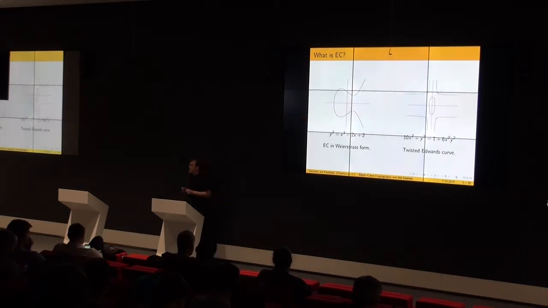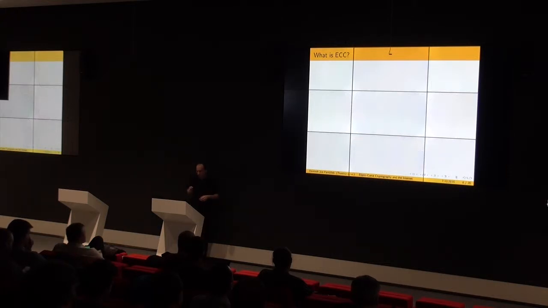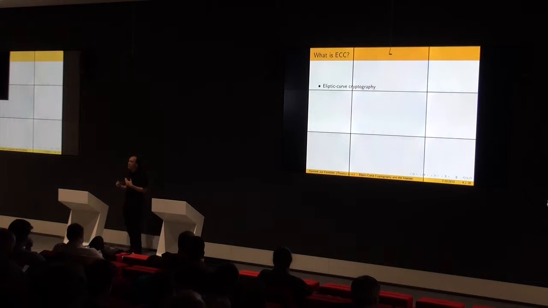What is ECC? I just described what an elliptic curve means. ECC is elliptic curve cryptography. What's that? That basically is just cryptography, where you use elliptic curves as the building blocks of cryptographic primitives.